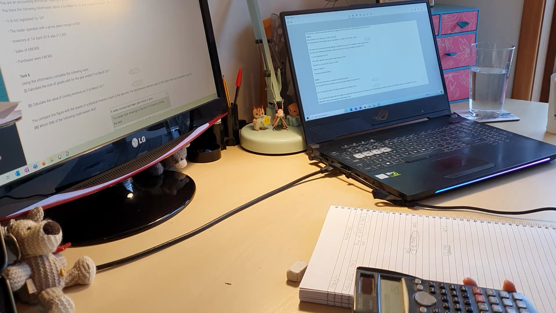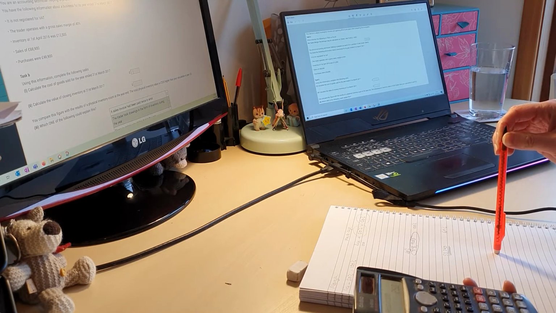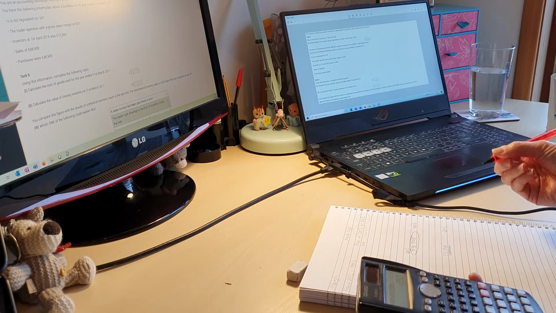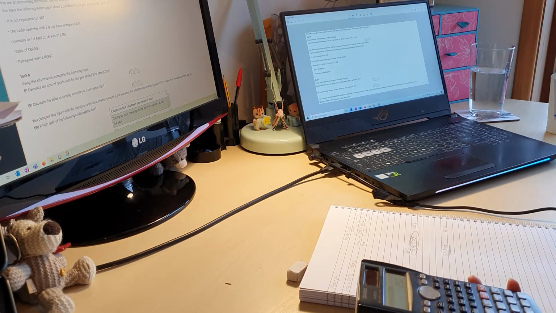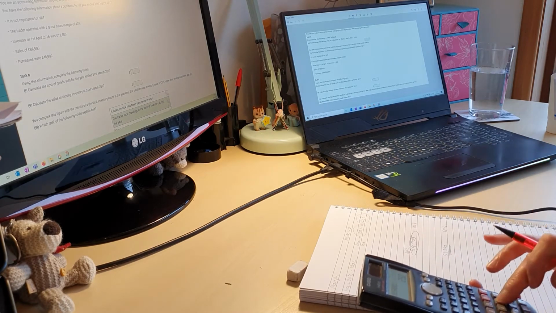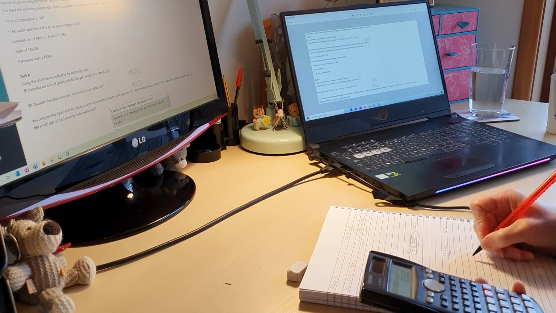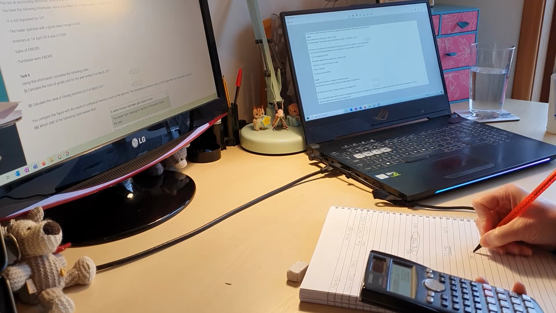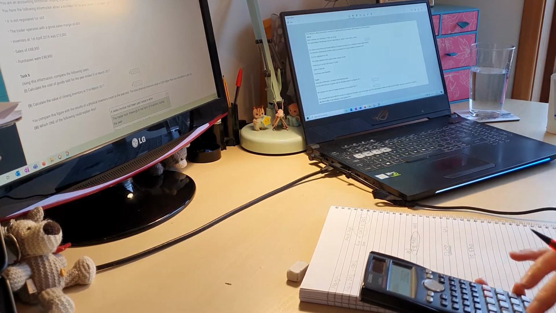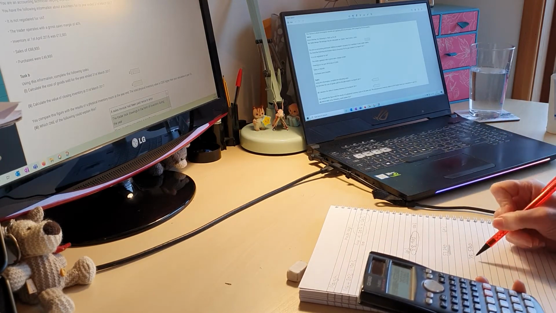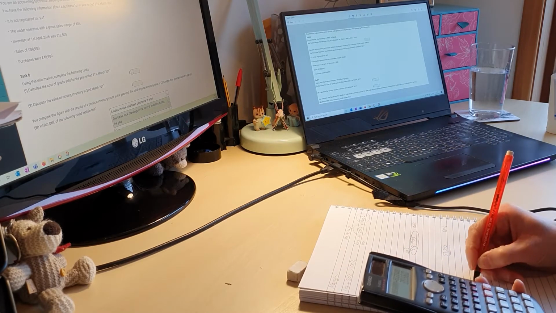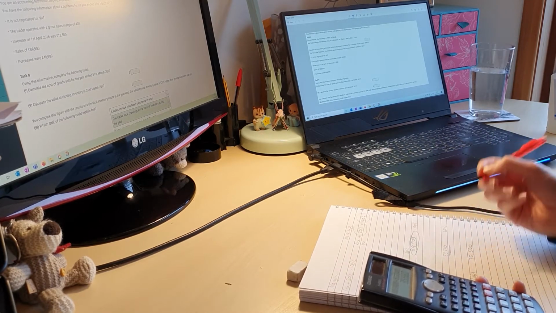So I think the cost of goods is, if the profit is meant to be 40%, times 0.4 should be net profit.